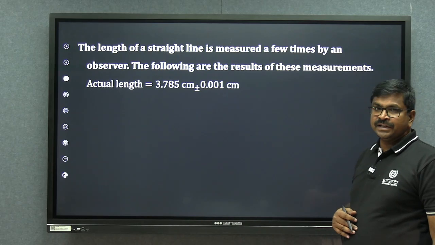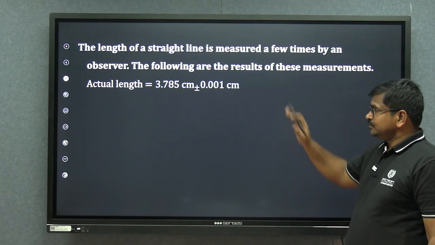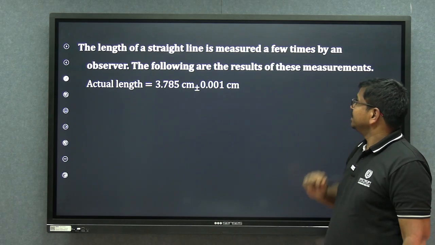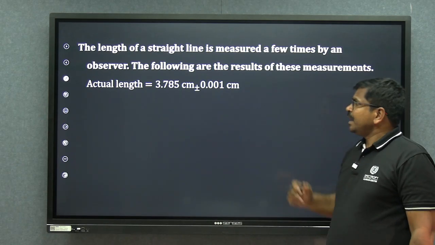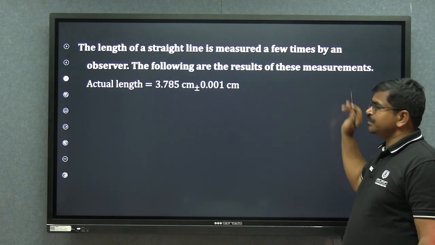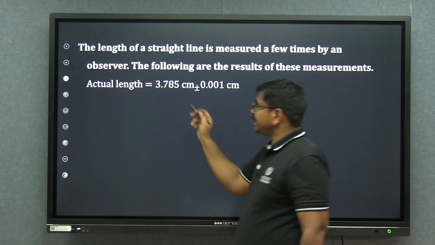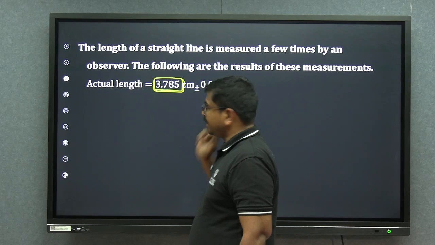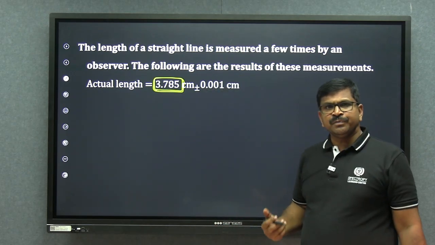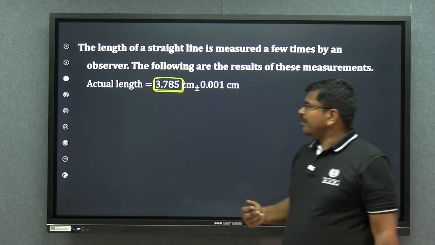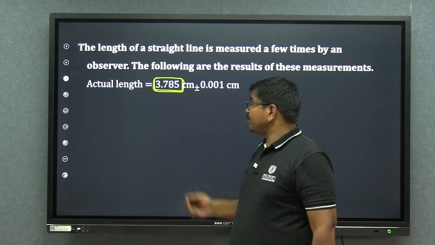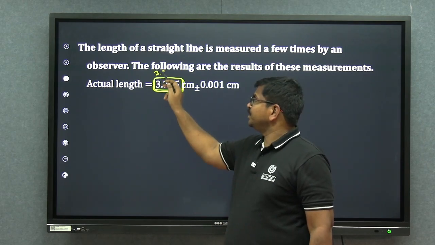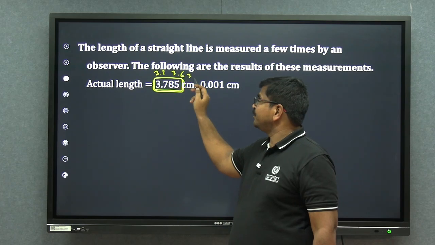Now let us understand this with an example. There is an experiment conducted. The length of a straight line is measured a few times by an observer, and the following are the results of these measurements. And the actual length is 3.785. If you take an instrument whose least count is 0.1 centimeter, the values will be 3 point something only, 3.7, 3.6, 3.5 like this.